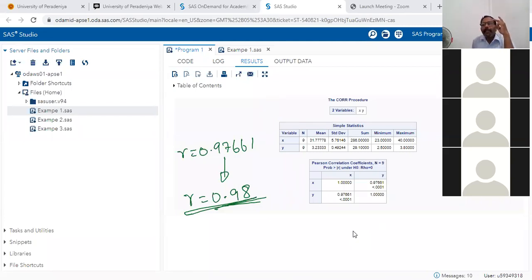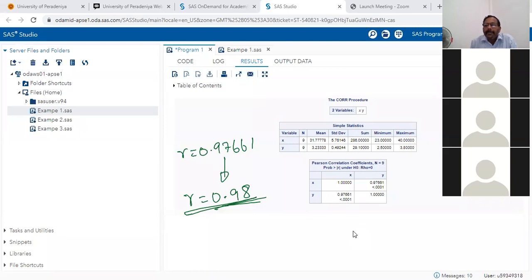Can you remember what the possible range of values of R is? Anyone? What is the range of possible values of R?